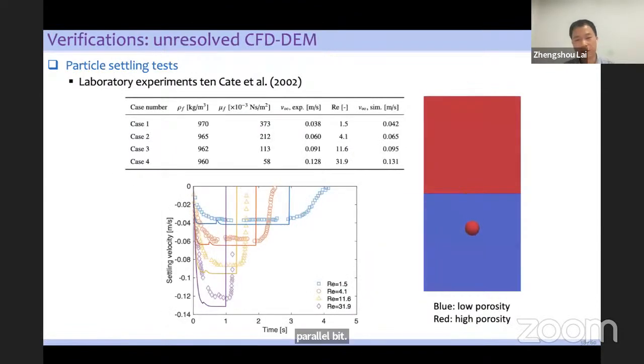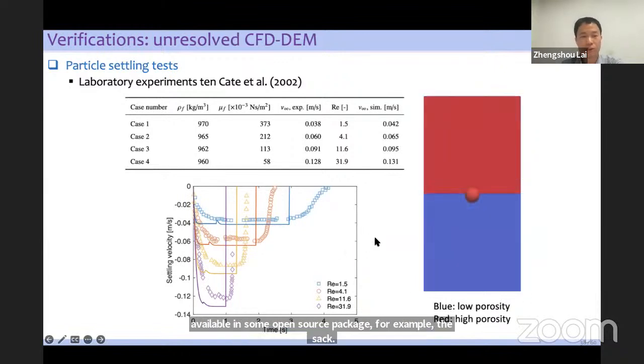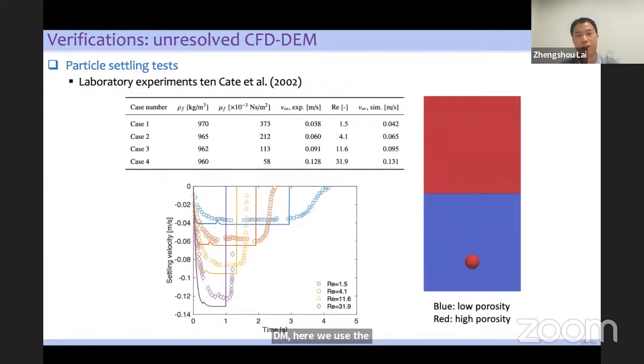Here, I will show some verification examples of the CFD-DEM to verify our implementation. For the unresolved CFD-DEM, because it is conventional and also available in some open source packages, here we use the literature experiments, the single particle settling test, to verify our implementation.